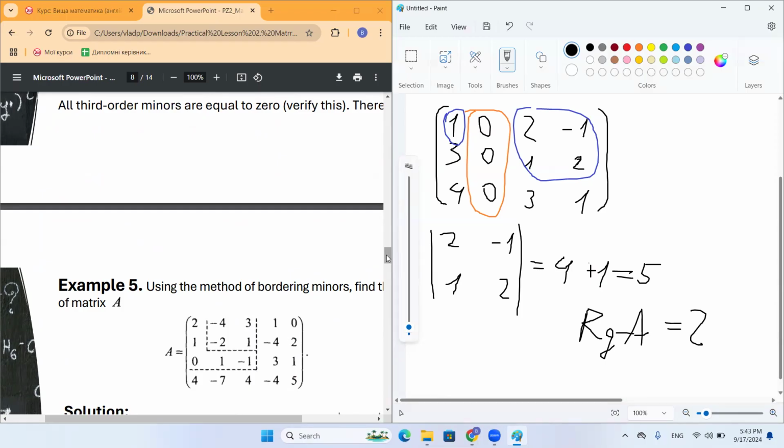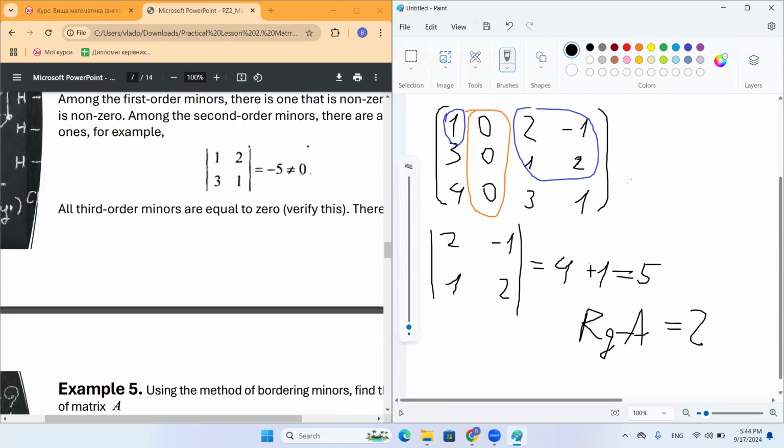Okay, and can I ask a question? Yeah, you can ask, definitely. Shouldn't we use, to find the M2, a minor which contains the M1 element? Which minor?